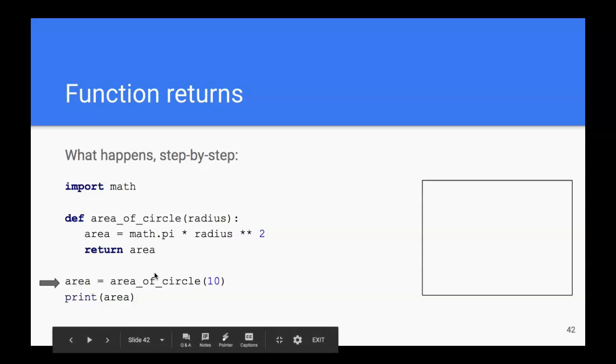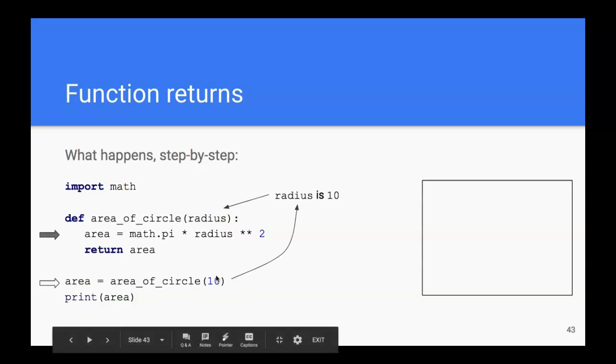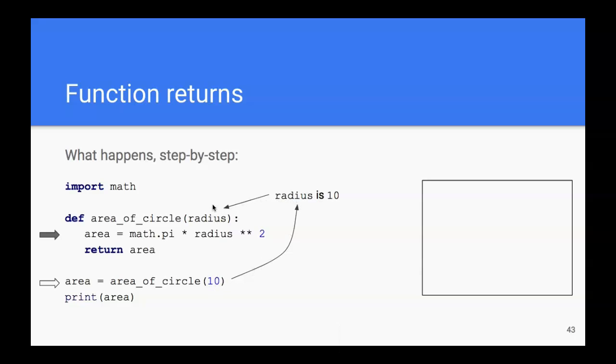So the Python interpreter sees this is a function invocation, so it transfers the control to that function and assigns the value 10 as an argument to the parameter, so radius becomes 10, and then it goes to the first line of this function. It does the calculation. 10 squared is 100 multiplied by pi, so the area is 314 point something.